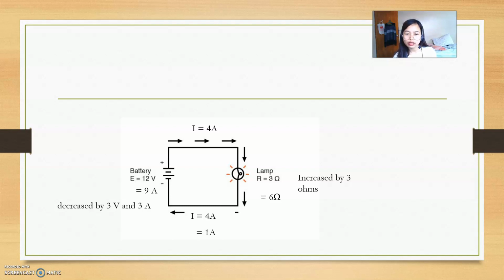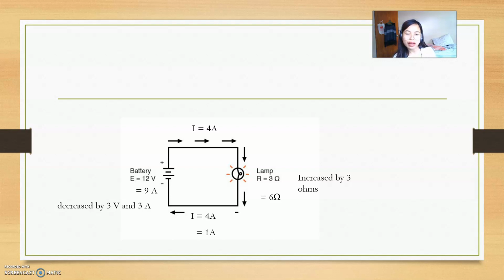So let's have this one. Let's say the resistance increased by 3 ohms. So we will add it to the current resistance of the circuit. Let's say 3 ohms plus 3 becomes 6 ohms. And the voltage and the current will decrease by 3, 3 volts and 3 amperes.